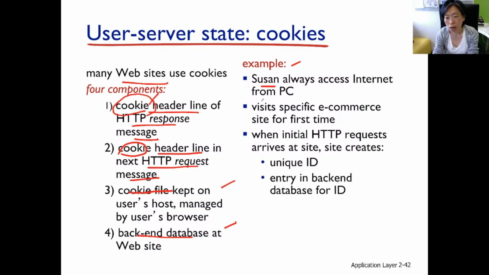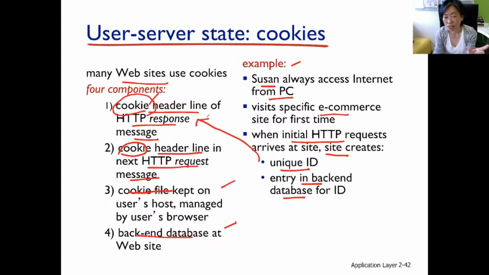Let's say Susan always accesses the internet from her PC, and she's visiting a specific e-commerce site the first time. In the initial HTTP request arriving at the server, the site will create a unique ID, and that will be an entry being added to the backend database. Right? So that ID is going to be carried in the message the site sends back to Susan.